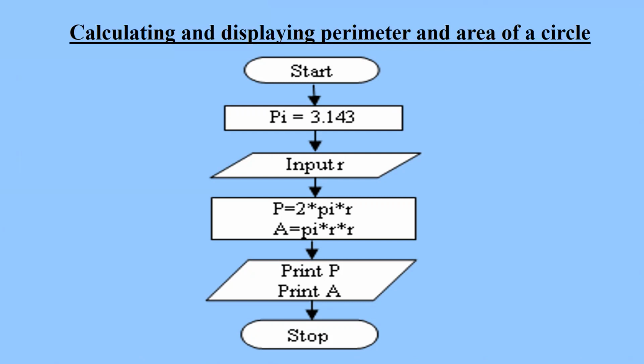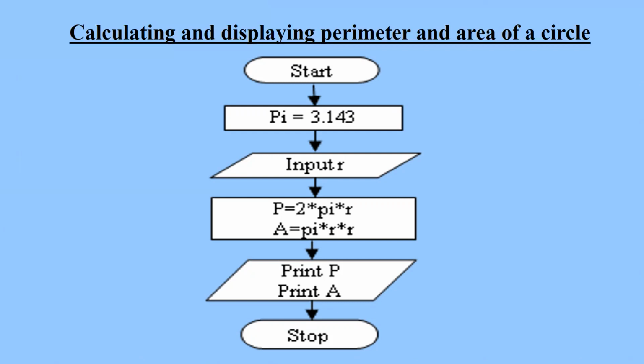And then the next set of operations are for calculating the perimeter and the area. So P equals 2 times pi times R. Area equals pi times R times R. And because those two are computations, you are computing perimeter and computing area, we are using the rectangle symbol for processing.